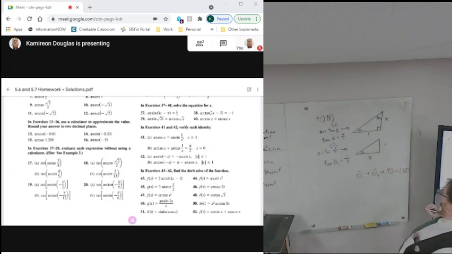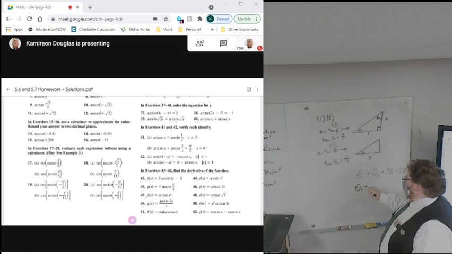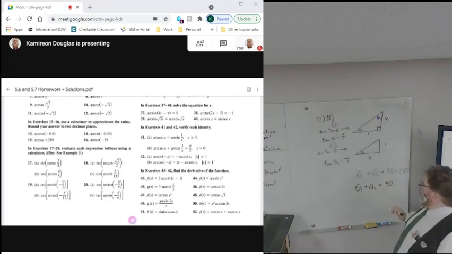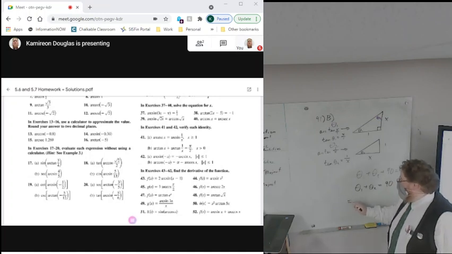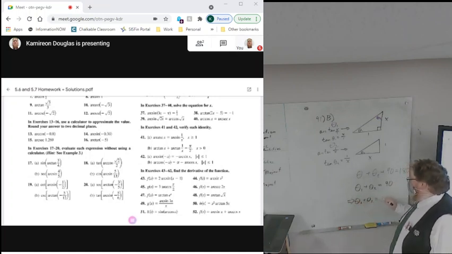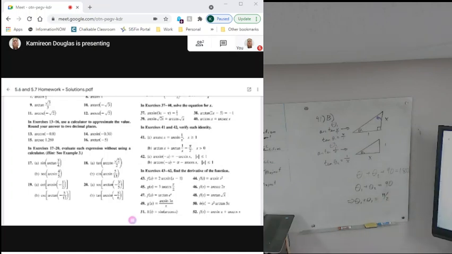The triangle angle sum theorem from geometry. I can then subtract 90 from both sides. I get theta 1 plus theta 2 is equal to 90 degrees. And if I convert this into radians, I would get theta 1 plus theta 2 is equal to pi over 2. Which is exactly what the problem asks us to show.